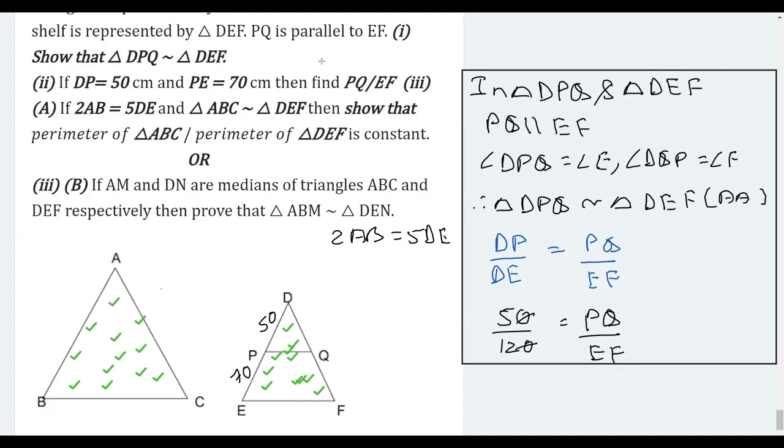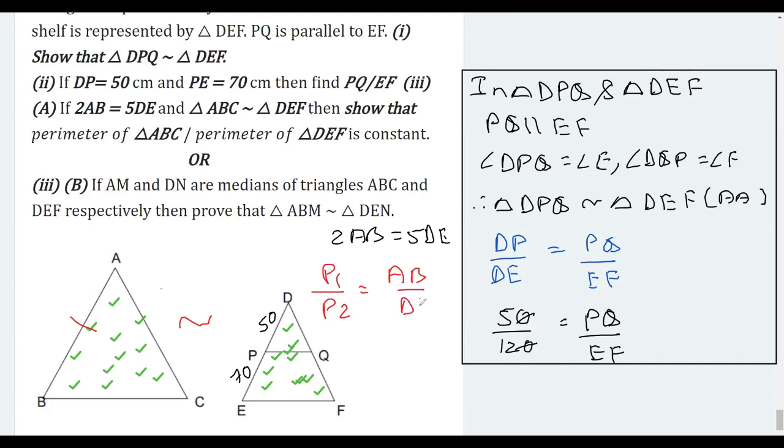What we know is that, since the triangles are similar, the ratio of perimeters is equal to the ratio of corresponding sides. So the perimeter of the first triangle to the perimeter of the other should be equal to the ratio of their sides. I can take the side as AB, and AB corresponds to what?